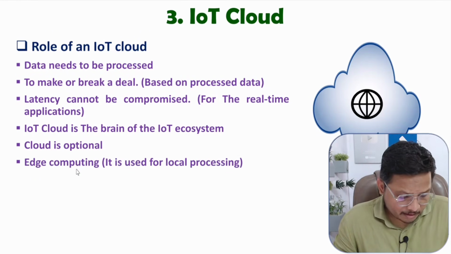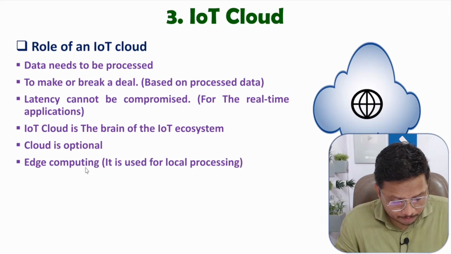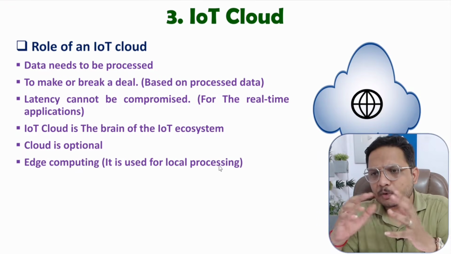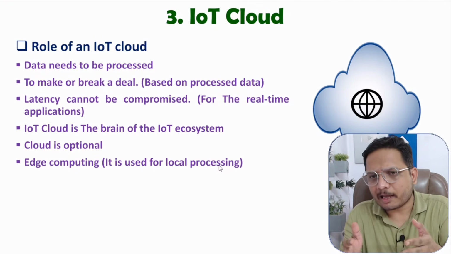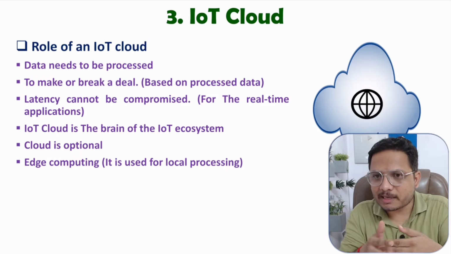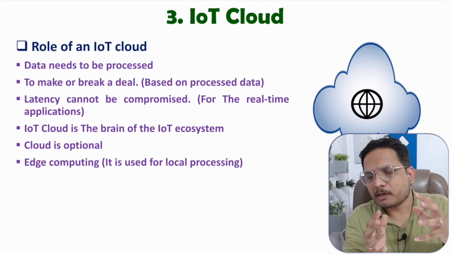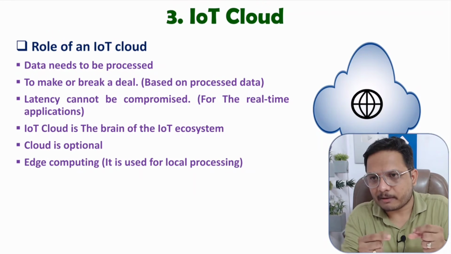Here, see, with the use of edge computing, we can have local processing, right? So for local processing, we are using the IoT cloud, where with edge computing, we can have local processing, like for some group of nodes, we are providing that processing, right?